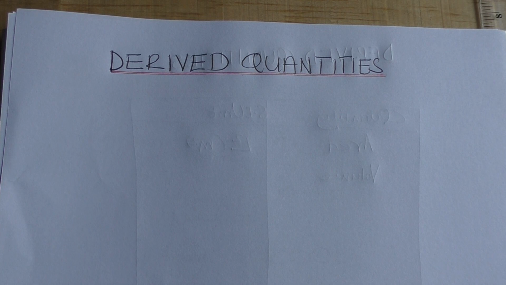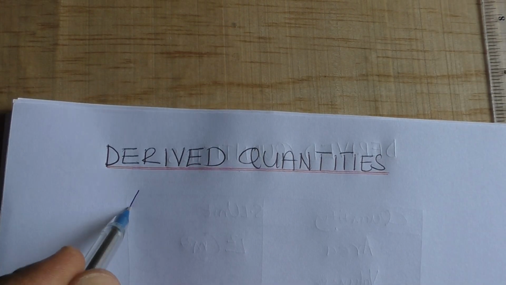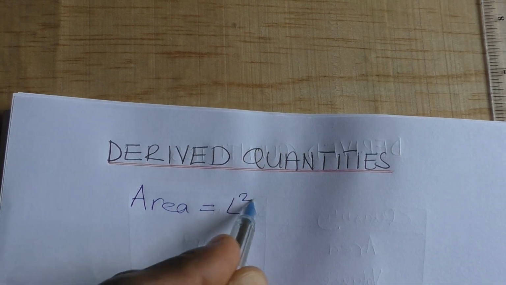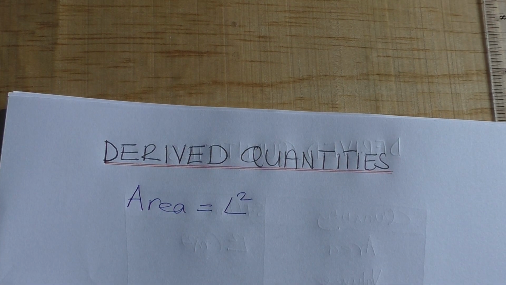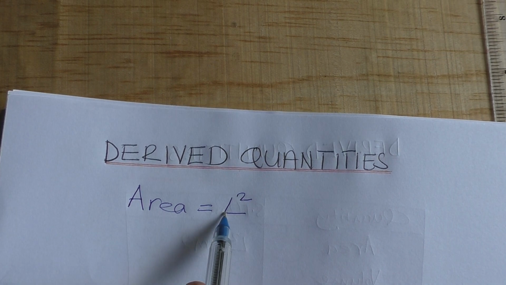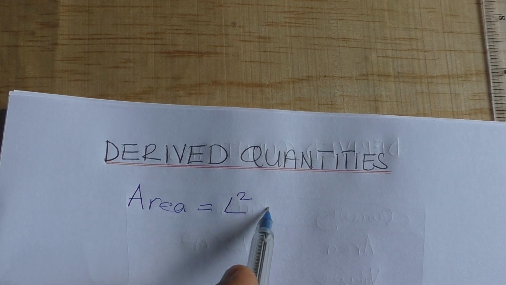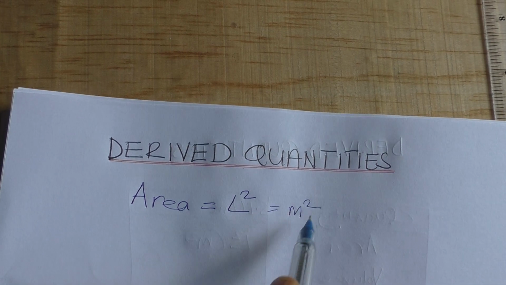For instance, area is length squared, and since length is measured in meters, it will also be meters squared.